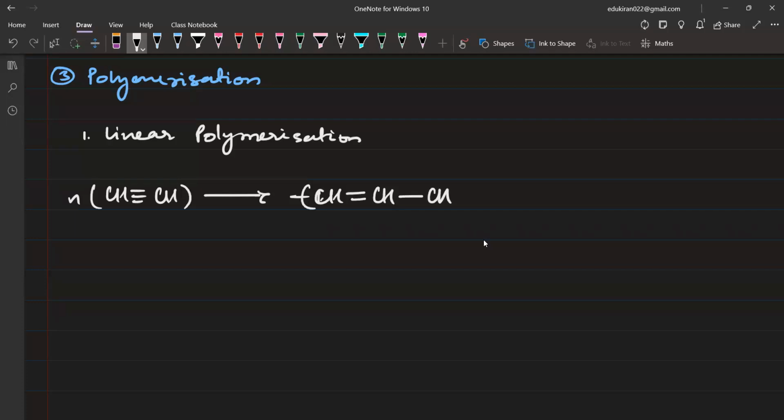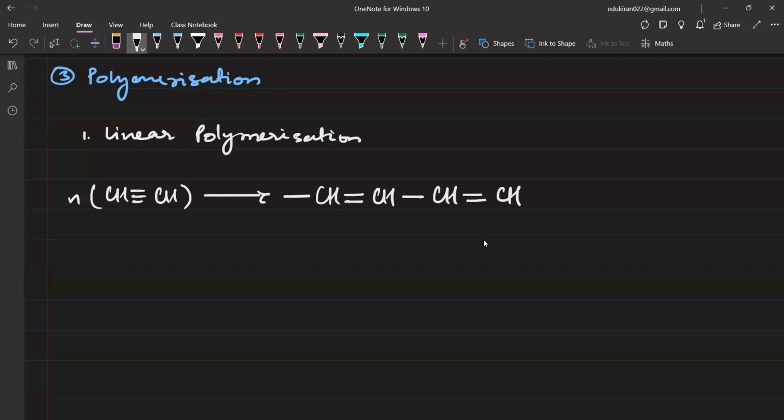Then you will have again, it will be like this: CH double bond CH, single bond CH, double bond CH.